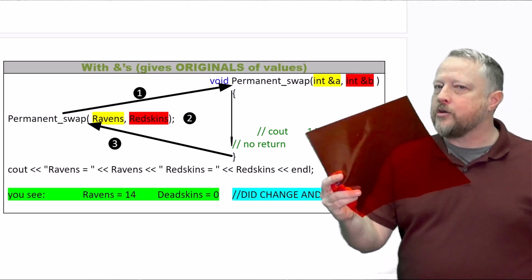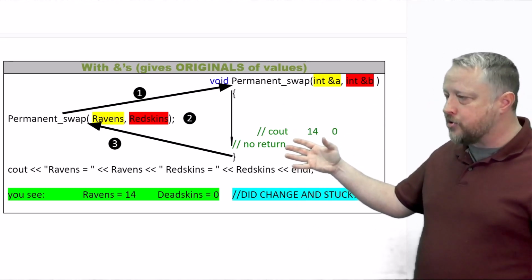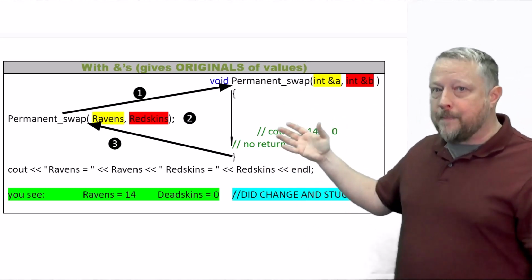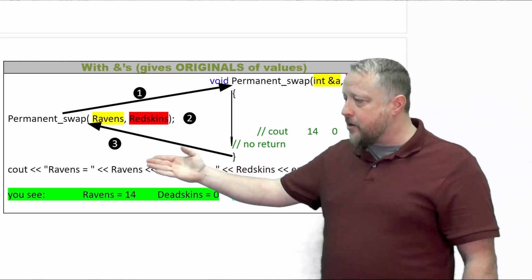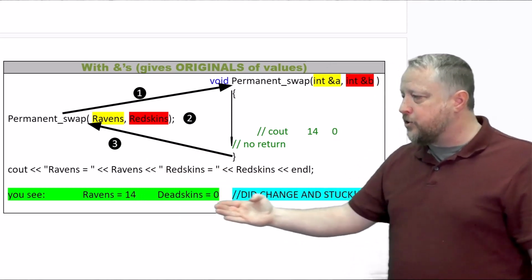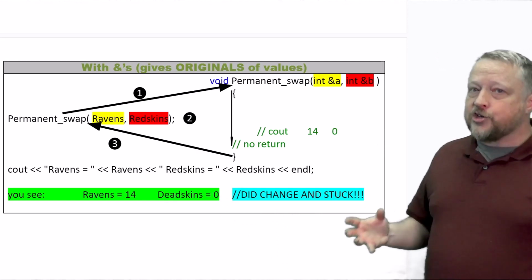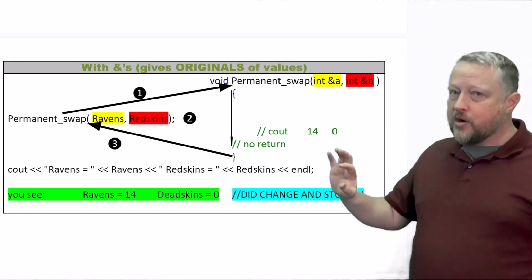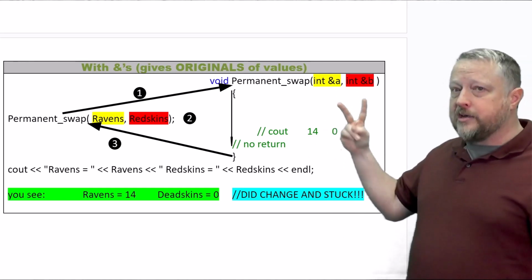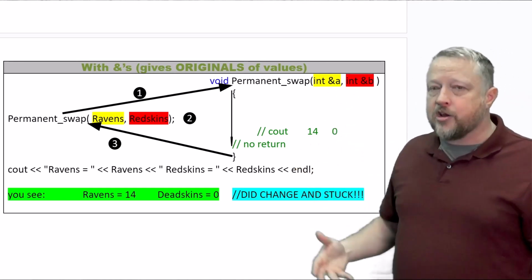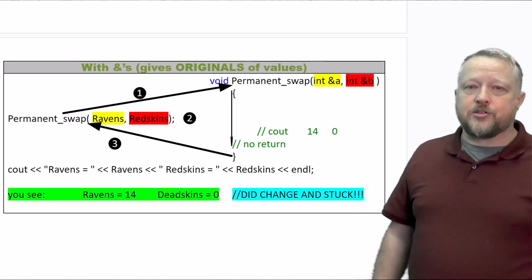So if this function swaps the two values, then it really is swapping them because I gave the originals. When I come back here, the values did change and stuck, the new values swapped with one another. Literally, that's the only difference code-wise between receiving copies or direct access to a value.